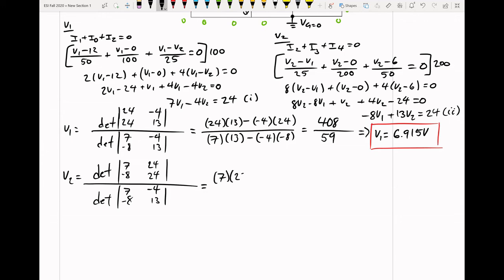That's 7 times 24 minus 24 times -8 over 7 times 13 minus -4 times -8. We already found the denominator.